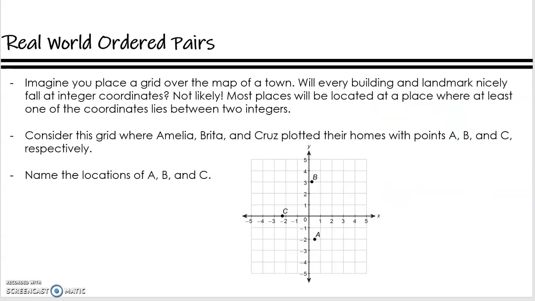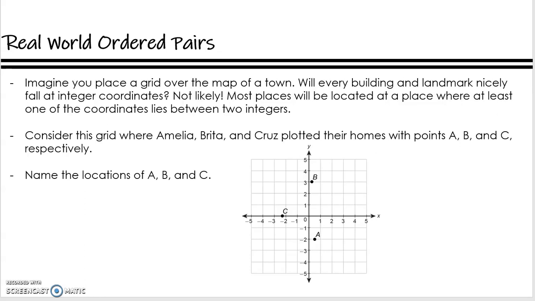So let's think about this in real world terms. Imagine you place a grid over a map in a town, okay? Will every building and landmark nicely fall at integer coordinates, positive coordinates? Not likely. Most places will probably be located between 2 integers, like, for instance, B, C, and A. Nothing is located at a perfect whole integer location, okay?